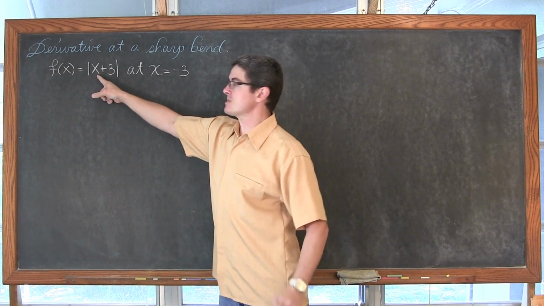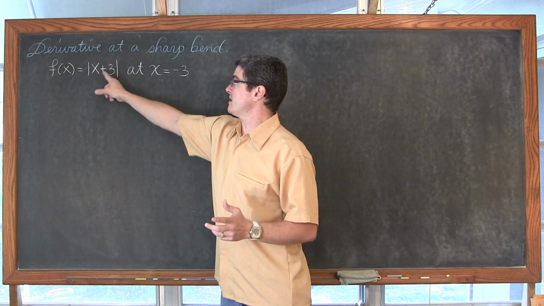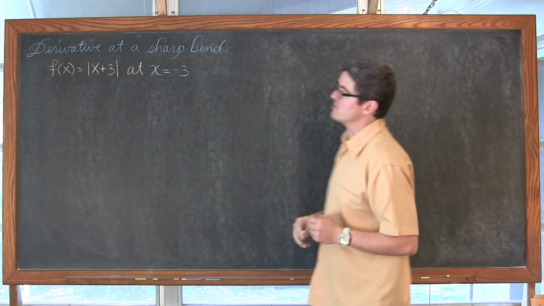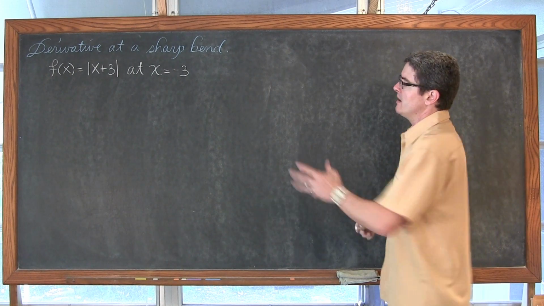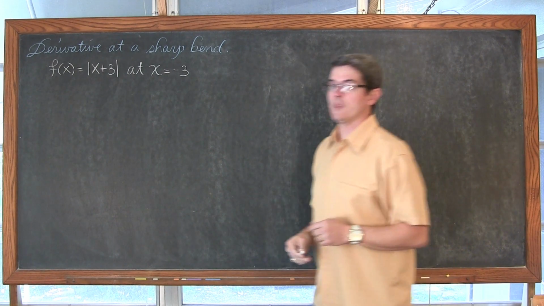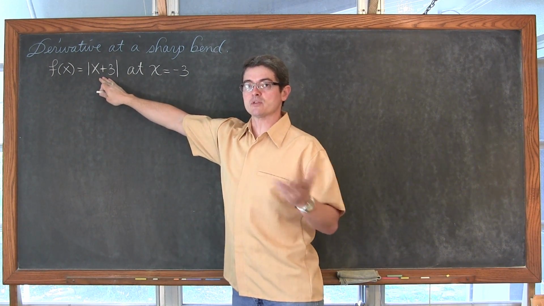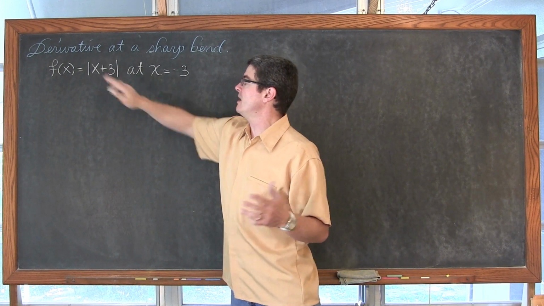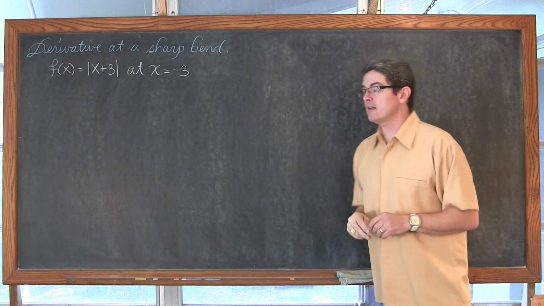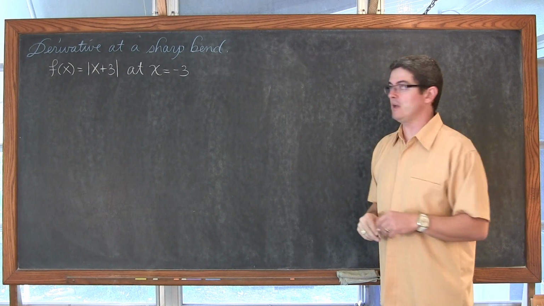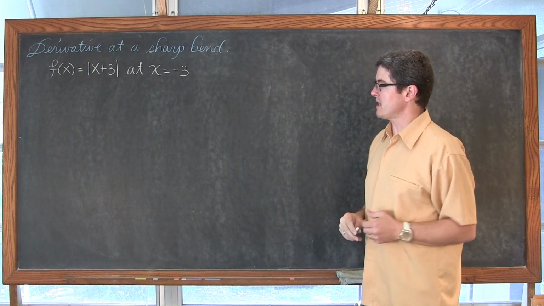Well, that value of x is going to be -3 here, because if I plug in -3, I get 0 inside my absolute value function. So we're going to try and find the slope of that function, which is again going to be continuous along its entire domain. Find the derivative at that point of x equals -3, or c equals -3.